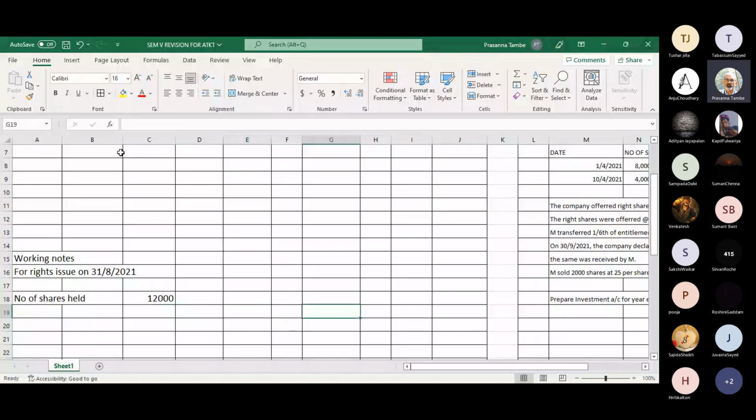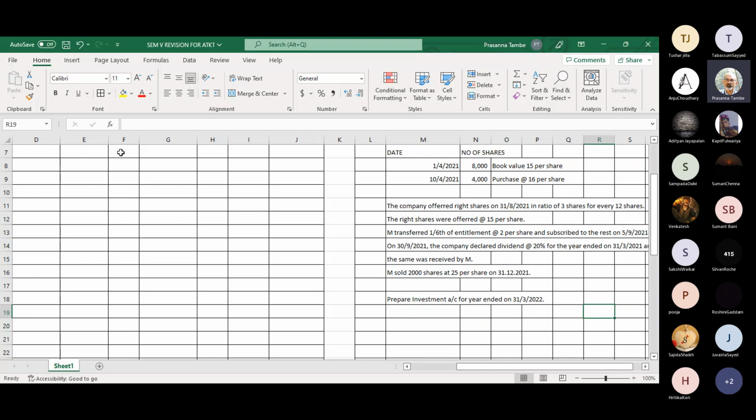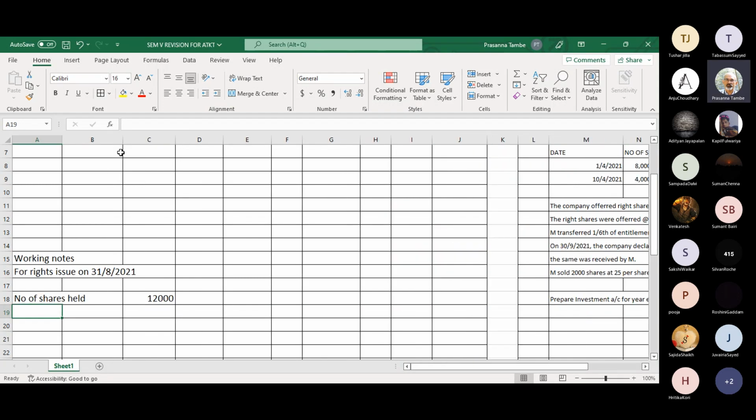Now the ratio of rights is 3 shares for every 12 shares.